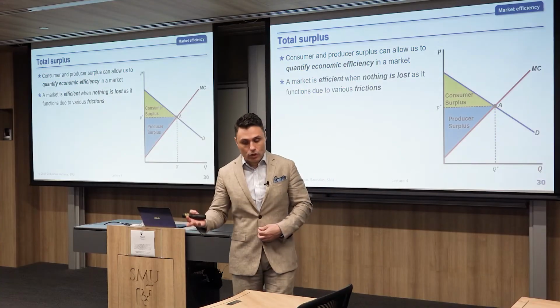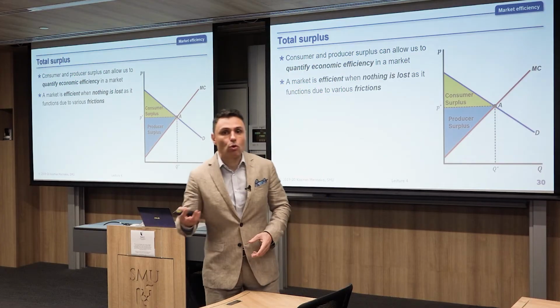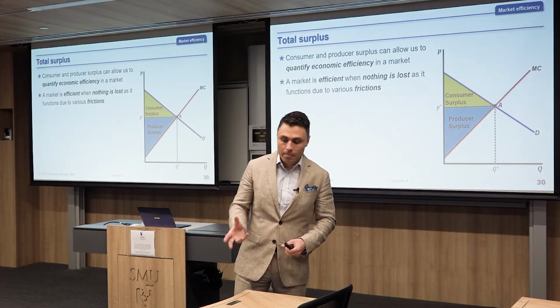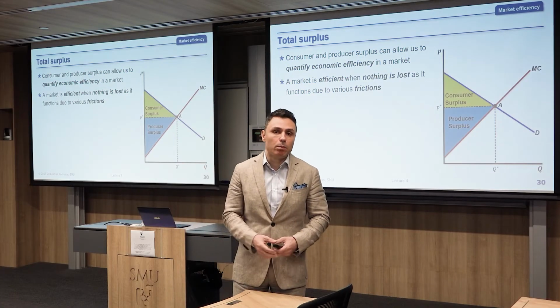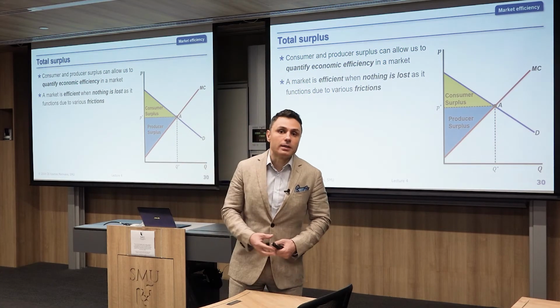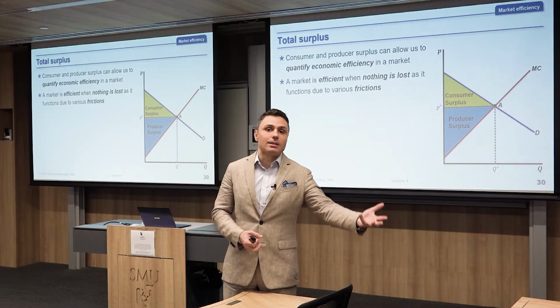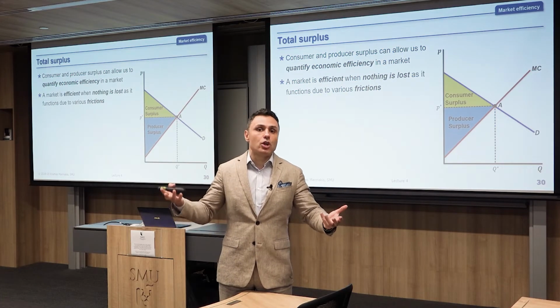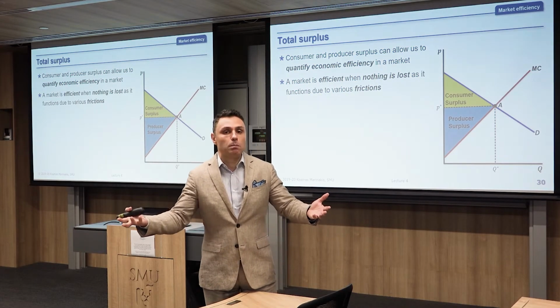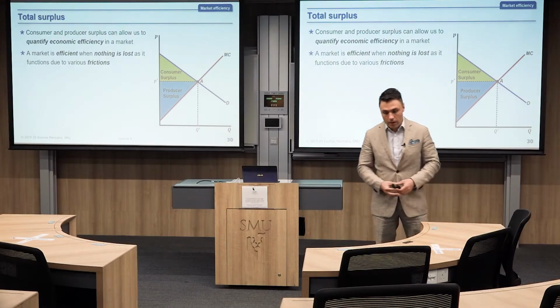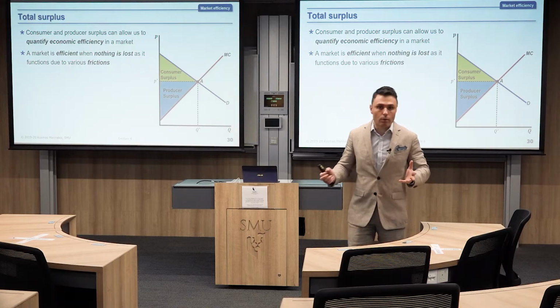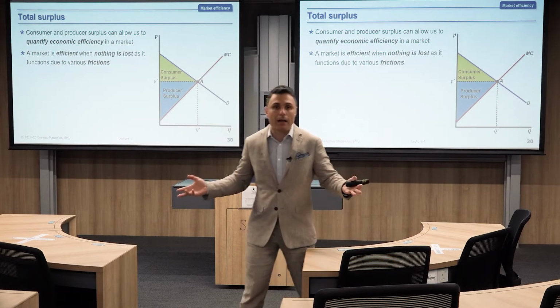The word efficiency is a word that we use quite often. For example, a car is considered efficient when it is able to convert the chemical energy from gasoline to as much kinetic energy as possible to move from one place to another. We also use the term efficiency when we talk about light bulbs.